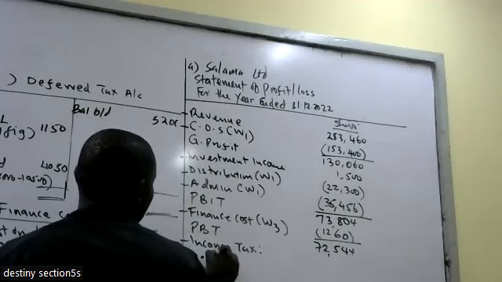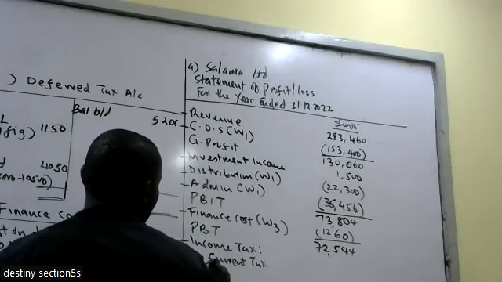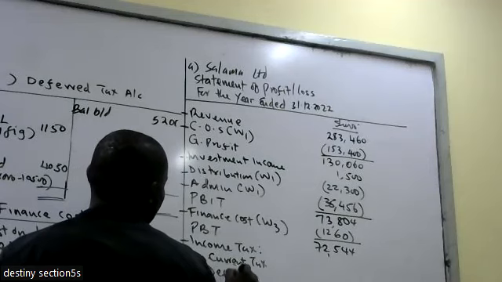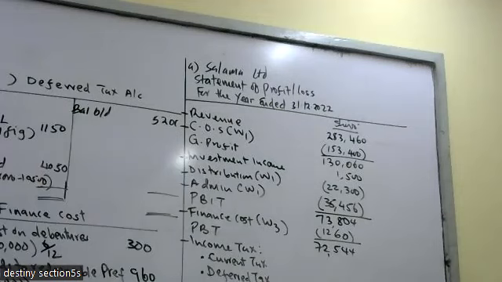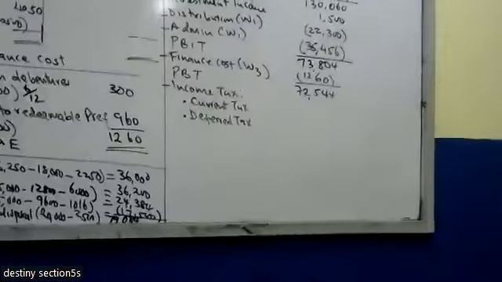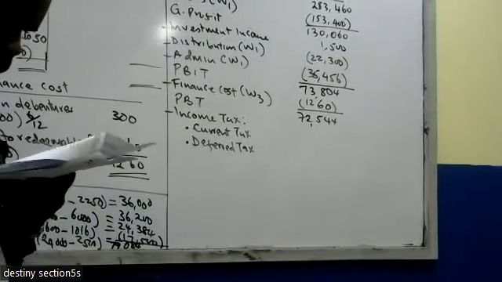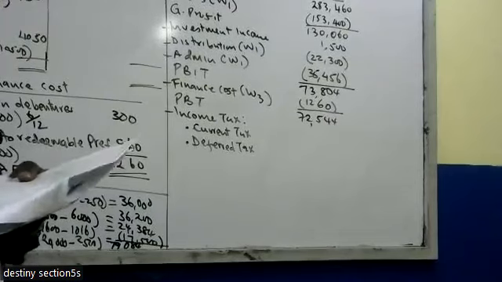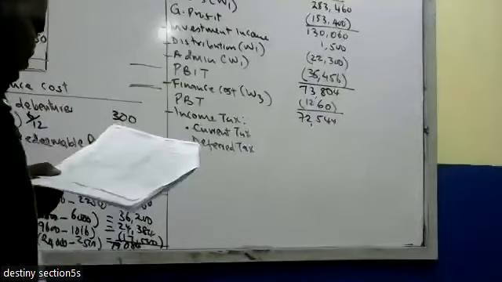Income tax, there was current tax and there was deferred tax. So current tax, we bring the two of them. So check note number 5. The corporate tax of 21.4 million is to be provided for.